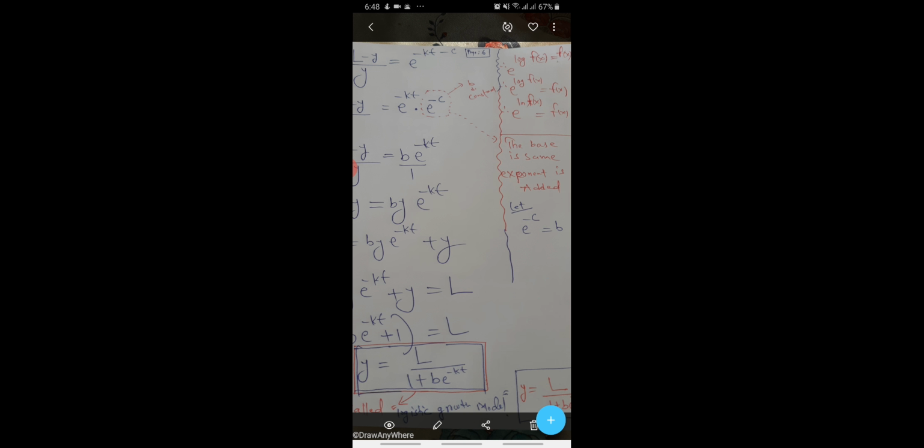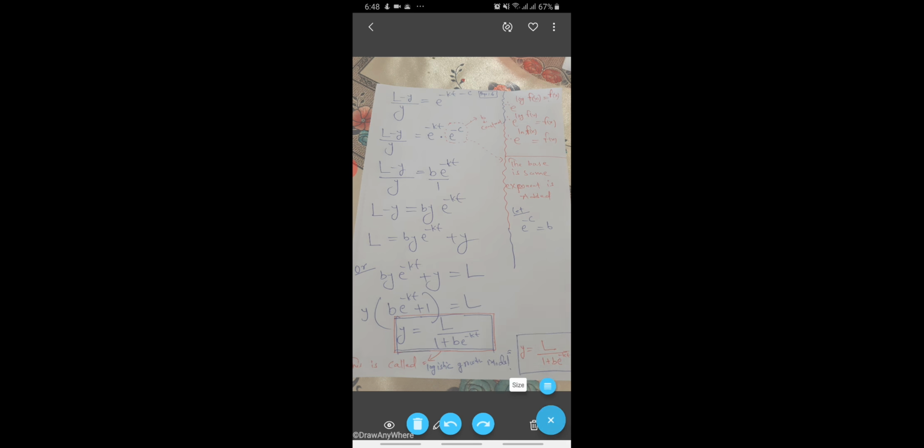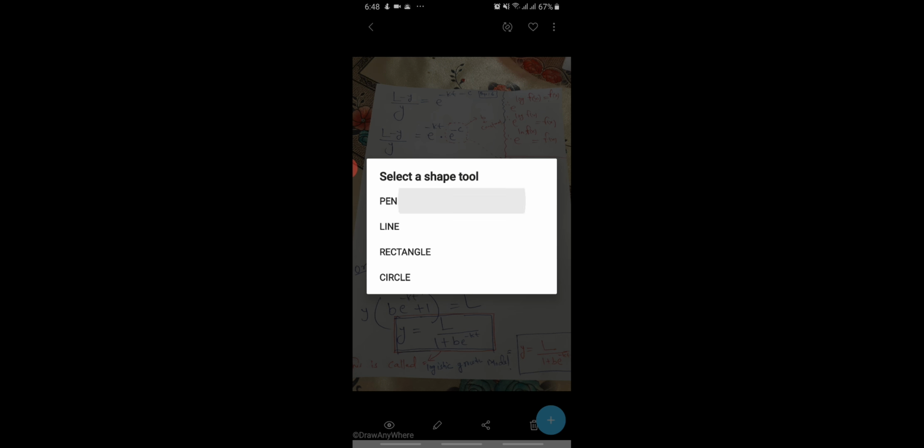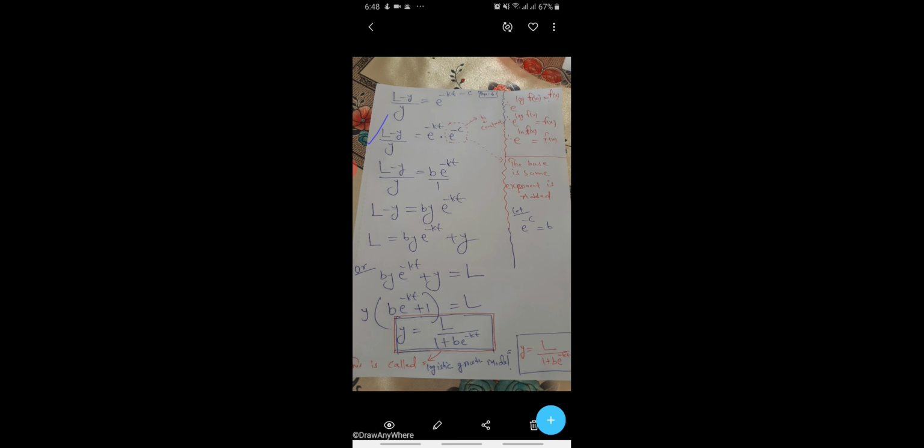Now here in the place of this one, I write b, and the same here. So just write L minus y divided by y equal to b e power minus Kt.